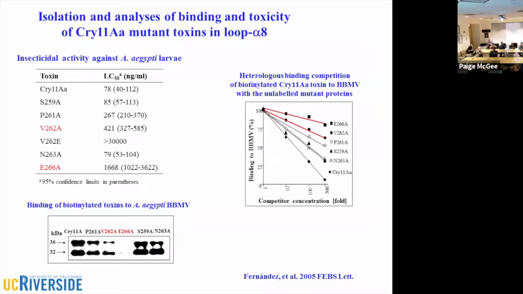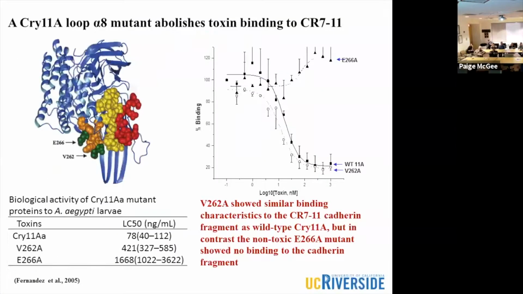And in this case, the amino acid that is involved is the one binding a specific protein, that is the cadherin protein in this case. So the two amino acids that are critical here are glutamic acid 266 and valine 262, for example. If you mutate the glutamic acid to alanine, on the right-hand side you can see that it is unable to compete.